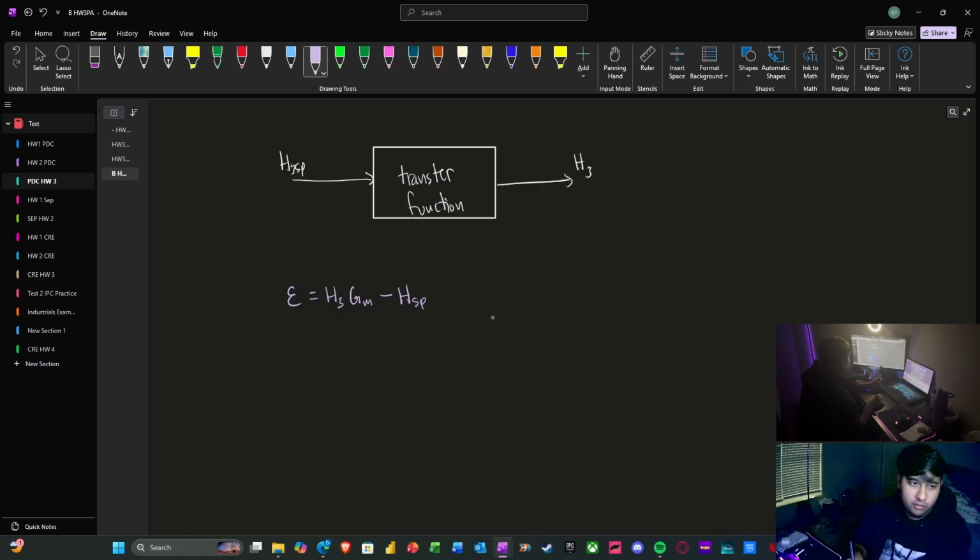Earlier it was an open loop where we went all around, but this time we're going to stop at GM. Now we can also state that our H3 is our GP times our GC, which represents our controller gain, times our error, which we can plug in: GC times H3 GM minus HSP.